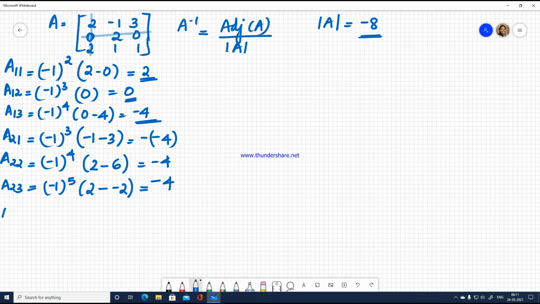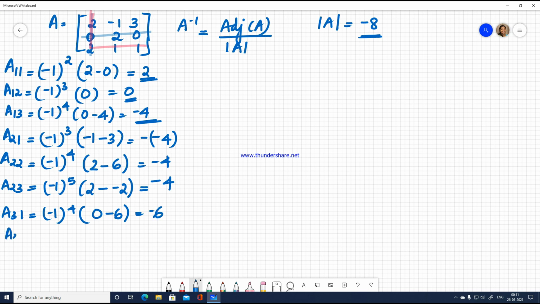Okay, now A31 is equal to minus 1 raised to 4. Then you cover this particular column and the row. You get the answer as 0 minus 6, that is minus 6.